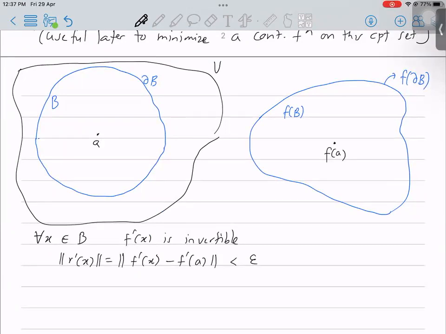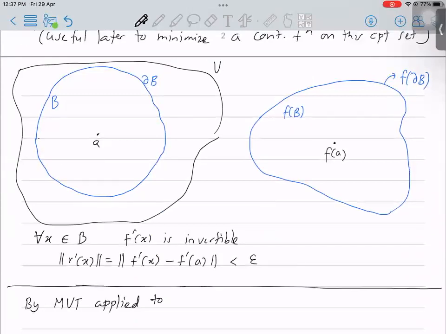What can I therefore apply? Mean value theorem. I apply the mean value theorem. And what does it give me? By MVT applied to R of x on the convex set B, what do I get?